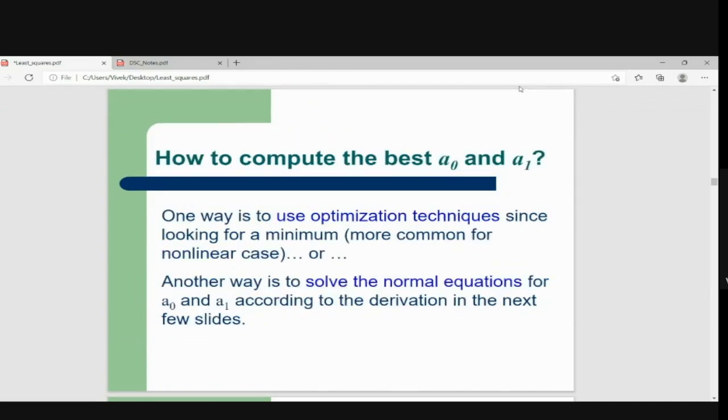Now what we want to do is find the values of a0 and a1. One way is to use an optimization technique, since we are looking for a minimum.